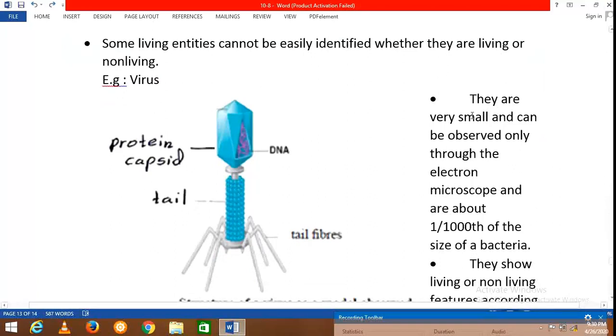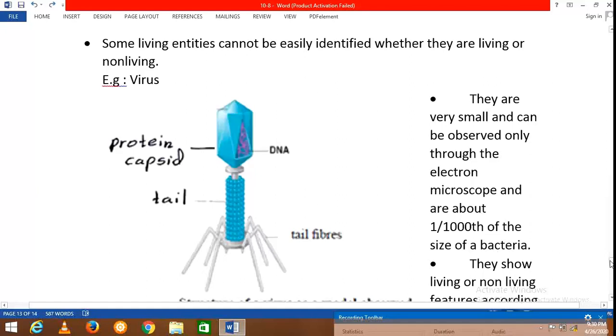Example, virus. Actually, viruses are very small and they can be observed only through the electron microscope, and they are about one 1,000th of the size of a bacterium.